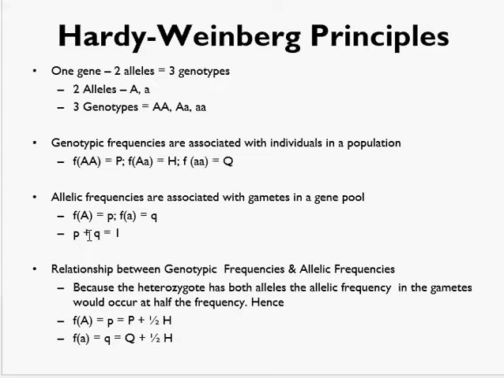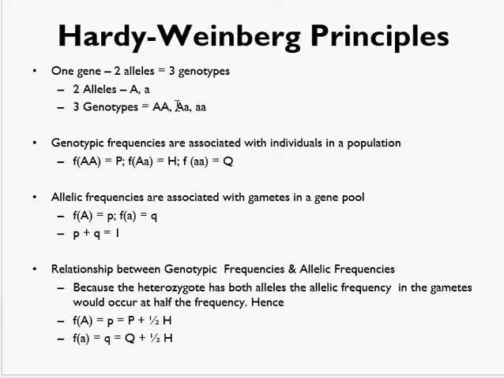If you have one gene, or one locus, which has two alleles in a diploid organism, that would mean there would be 3 genotypes. If there are 2 alleles at a locus, capital A and little a, there can be 3 combinations: 2 capital A's, 2 little a's, and 1 capital A and 1 little a.